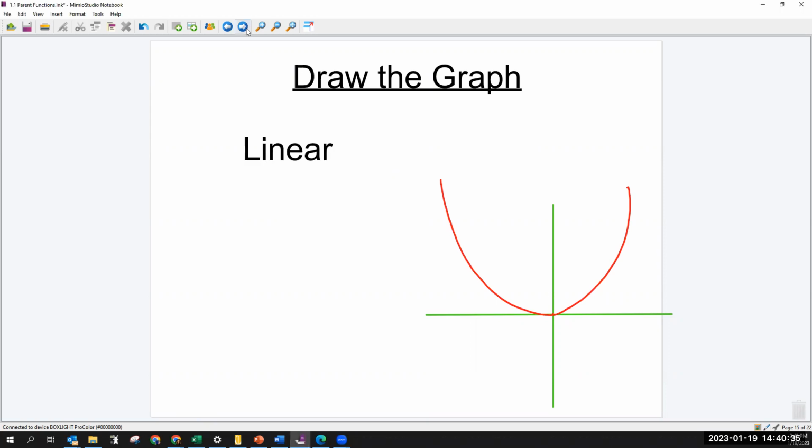All right, linear. Pause the video and try a linear. All right, linear should look like that.